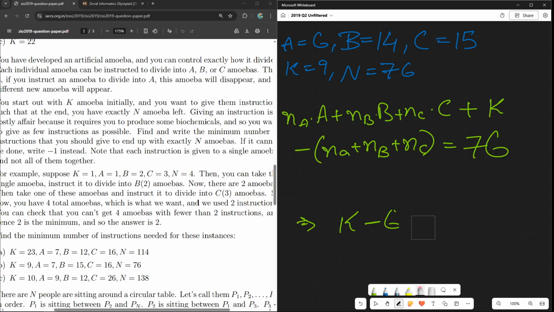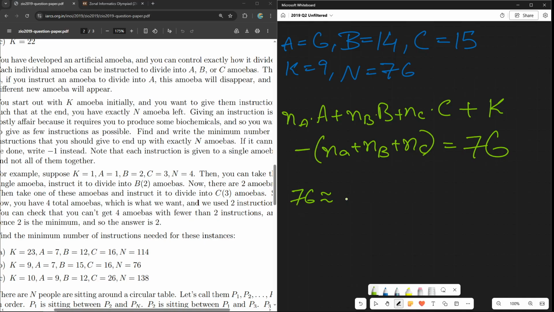Let's check out another case. 76 is 14 into 5 plus 6, but however we still have k remaining, right? That's not a thing. So 14 into 4 is 56, sorry.